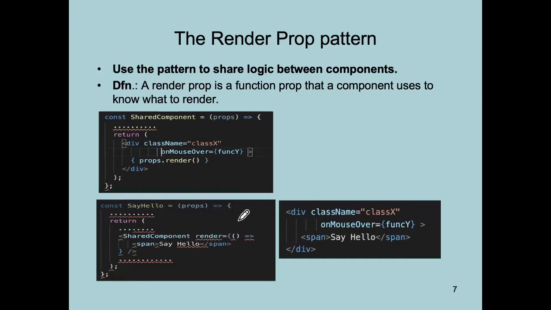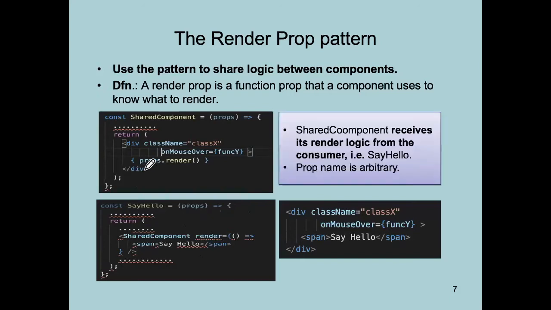So what's the point here? The point here is that this component told this component it should render a span element within the div. So the shared component receives its render logic from the consumer. We refer to the parent as the consumer as well.